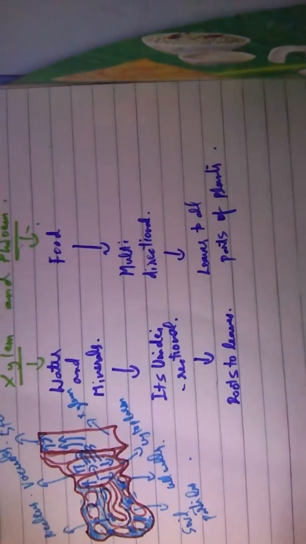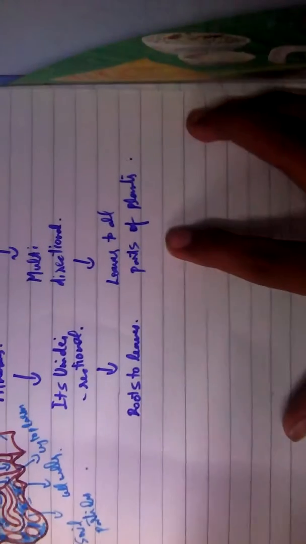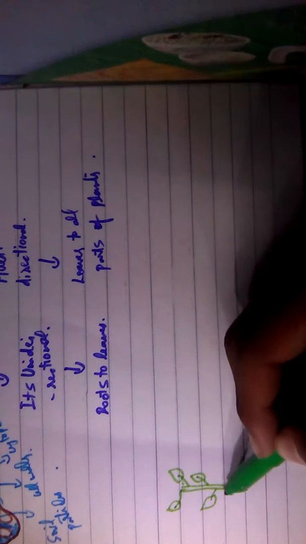The food prepared in leaves is transported from the leaves to other parts of the plant. To make it clear, let me draw a plant.